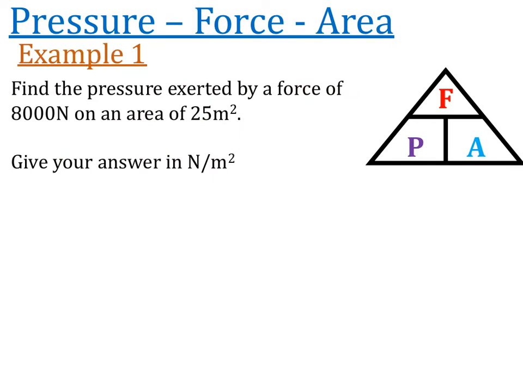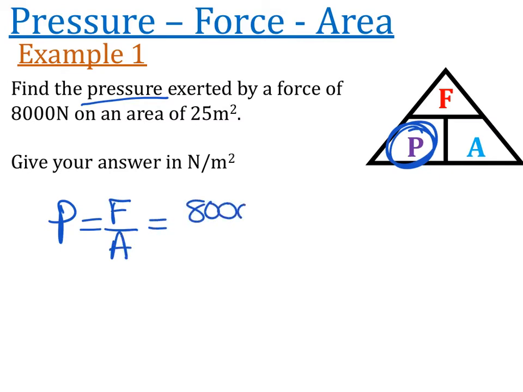Find the pressure exerted by a force of 8,000 newtons on an area of 25 meters squared. Give your answer in newtons per meter squared. So they want us to find the pressure. If we cover up the letter P, we know that P is equal to F divided by A. So that is going to be the force, which is 8,000, divided by the area, which is 25.